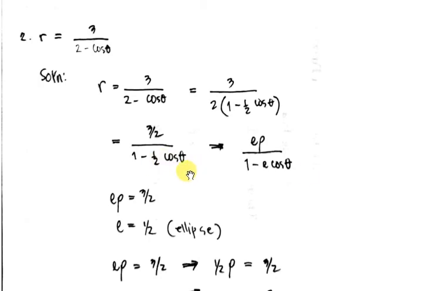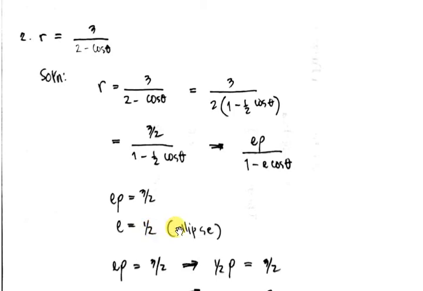Following this is our ep. Then our e is this 1 half. So ep is 3 over 2, e is 1 half, and that is an ellipse.